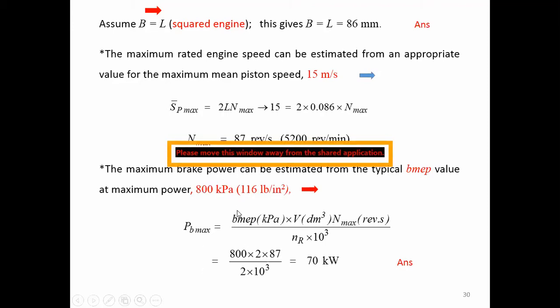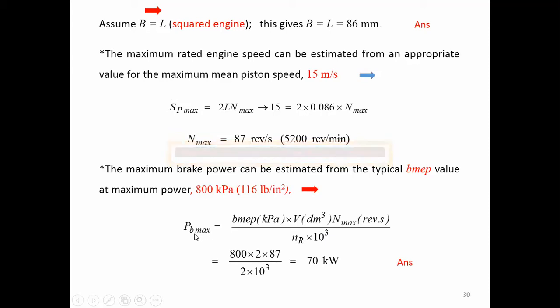With this BMEP, we can calculate the maximum brake power, because we know the displacement volume, the maximum engine speed, and the number of crank revolutions. So the maximum brake power for our design now is 70 kilowatt.